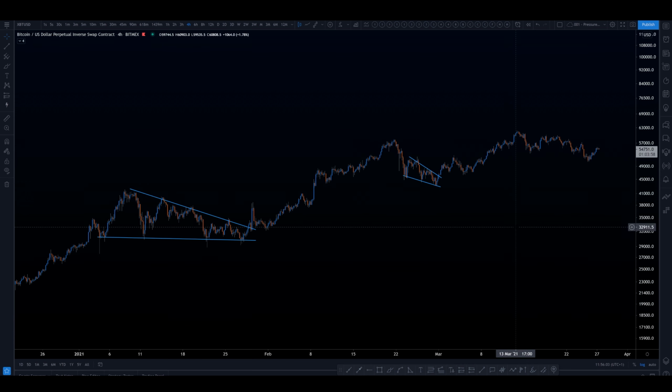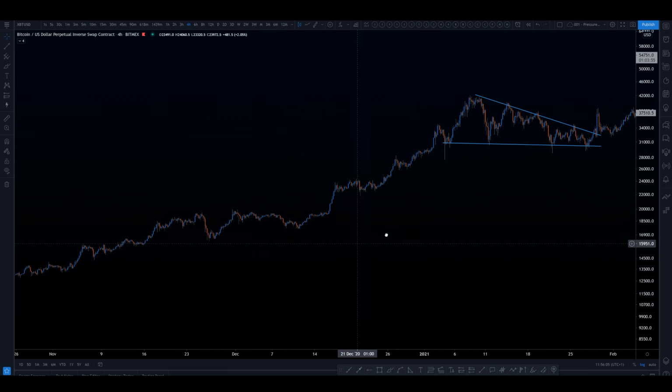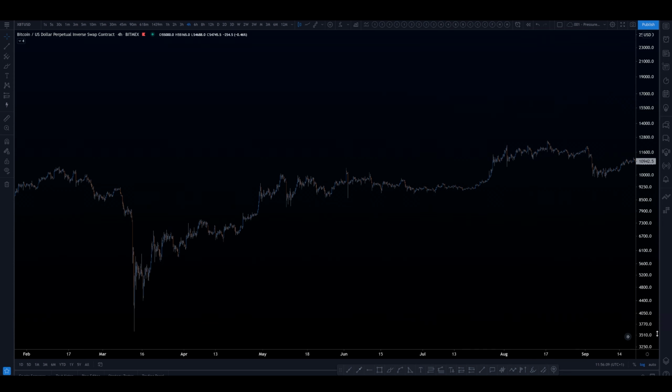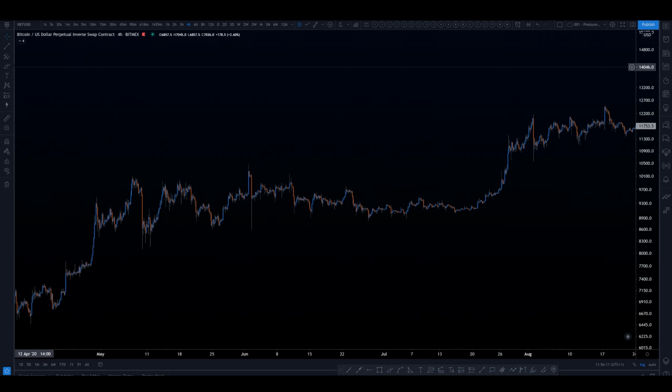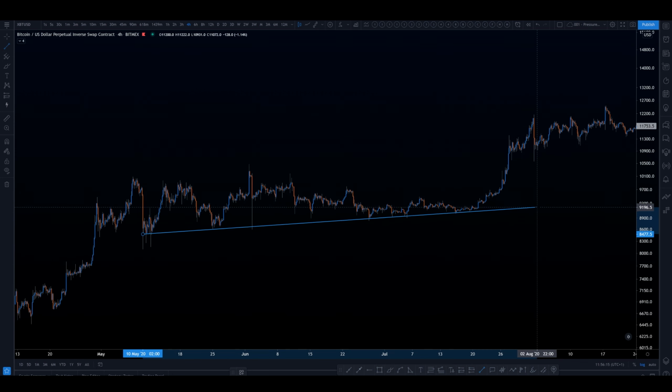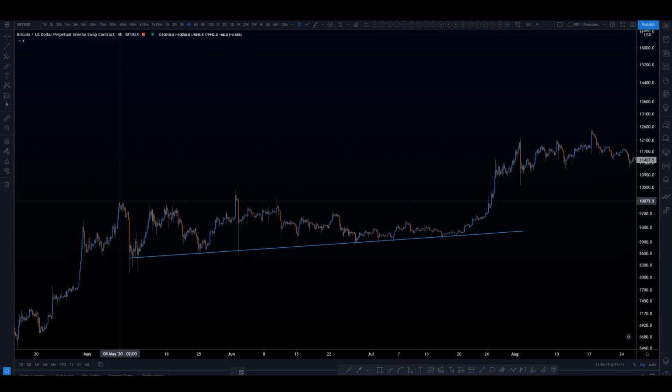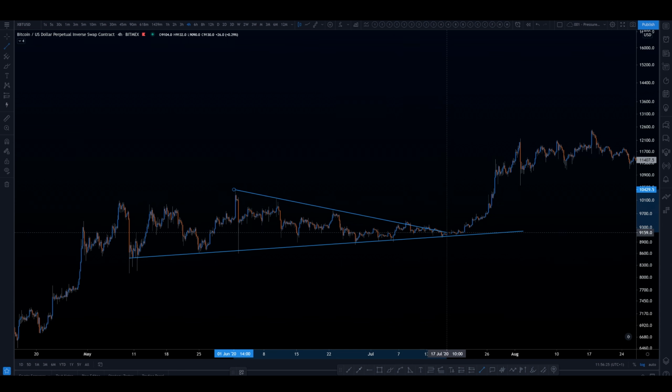Let me give you some more examples for pressure zones. For example, let's take this range. We just draw a trend line which represents our support in this case. Then we draw a top trend line, maybe like this.